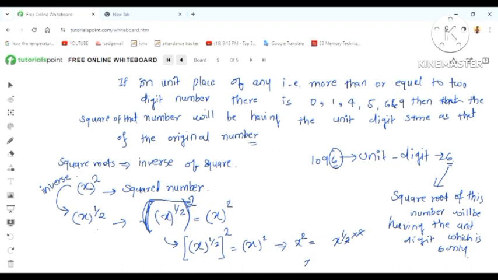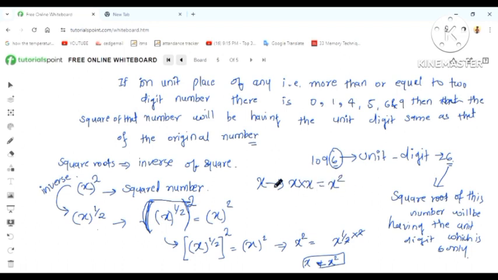You may be in ambiguity whether this is right or wrong. It is right not in the form of an equation, but in the form of the original number and the squared number. Now this is your x. If you multiply x by itself, x into x, which is equal to x square.